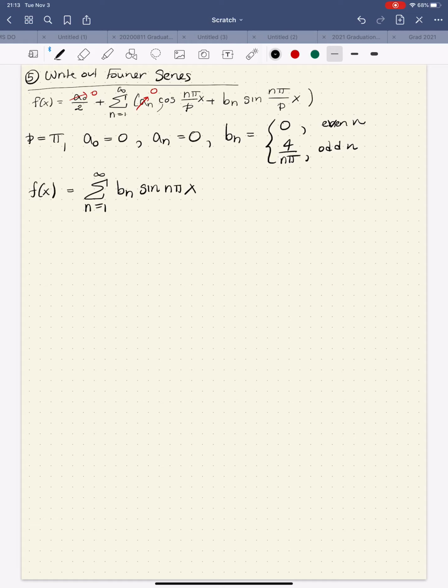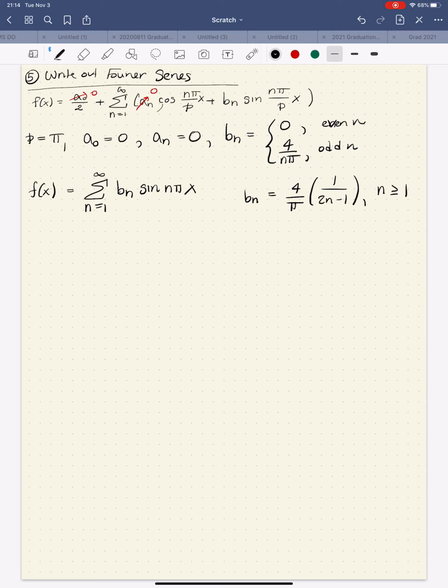So what I recommend you do is figure out a way, instead of restricting n, cook the books such that any n you put in will give you an odd value, and that's what we're going to do. So I can instead say that b sub n is equal to 4 over pi times 1 over 2n minus 1. And that would be for n is greater than or equal to 1.